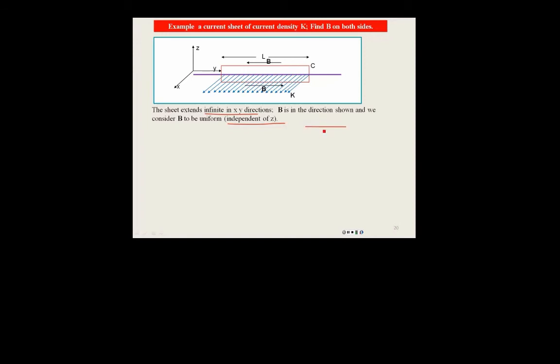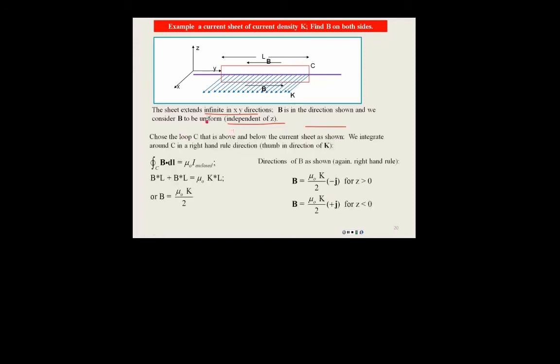We choose a loop, which is this curve C above, and we let it go above the current sheet and down below it. So this is supposed to be below the current sheet. The current sheet is flowing in between these two surfaces here, or there's these two parts of the loop.